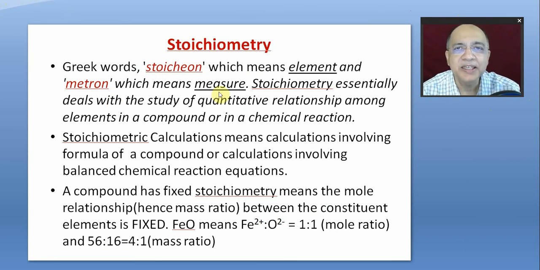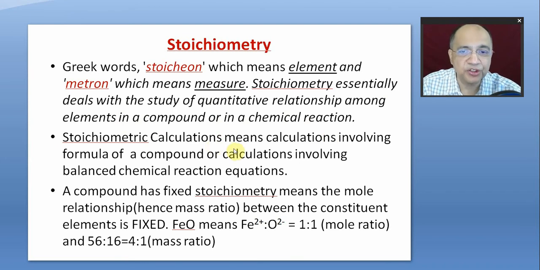That means it is a quantitative measurement of different elements or different compounds, either present in a particular compound or during a chemical reaction. So stoichiometry essentially deals with the study of quantitative relationship among elements in a compound or in a chemical reaction.